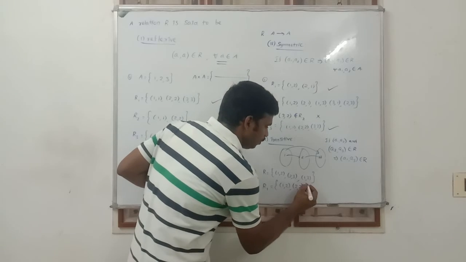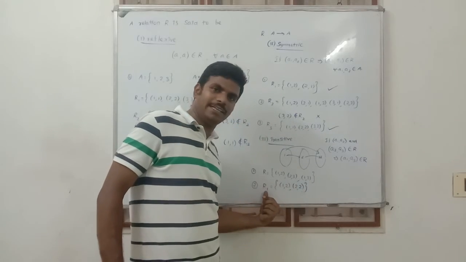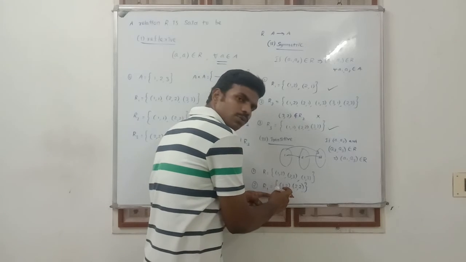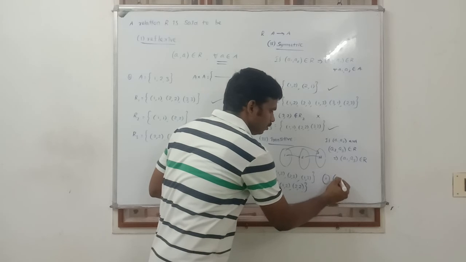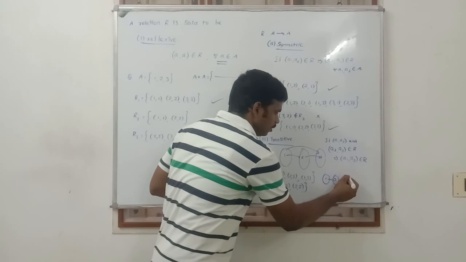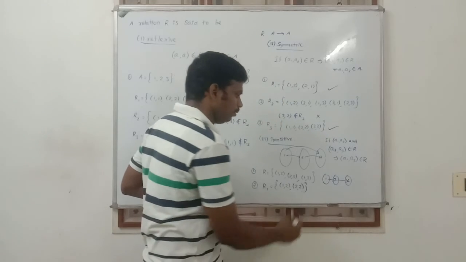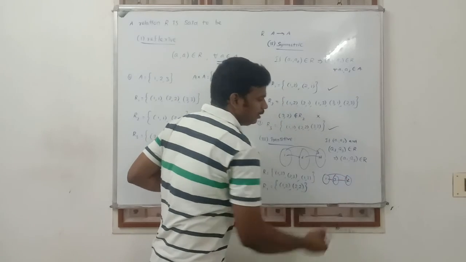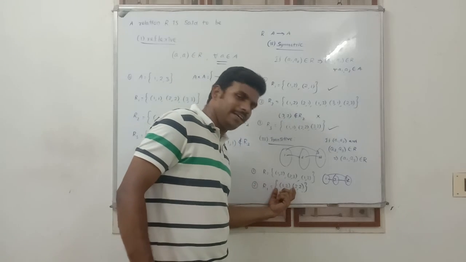There are only two elements in the relation. What is the meaning? 1 goes to 2, then 2 goes to 2. As per the condition, since 1 goes to 2 and 2 goes to 2, the element (1, 2) should be in the relation. Yes, here we have (1, 2) in the set.